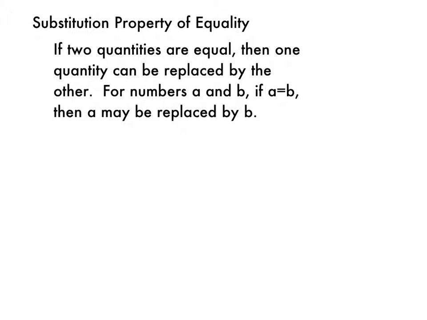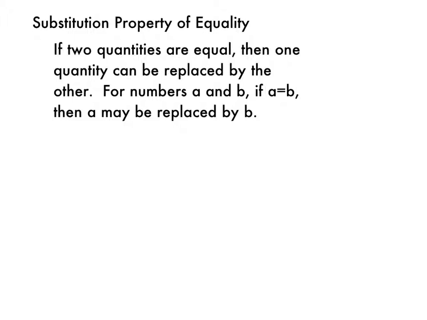We replace the variables with some sort of known value, and we can solve the expression or simplify it, or in other words, evaluate it. There's a fancy property in mathy language that allows us to do this: the substitution property of equality. It says if 2 quantities are equal, then one quantity can be replaced by the other. For numbers a and b, if a equals b, then a may be replaced by b.